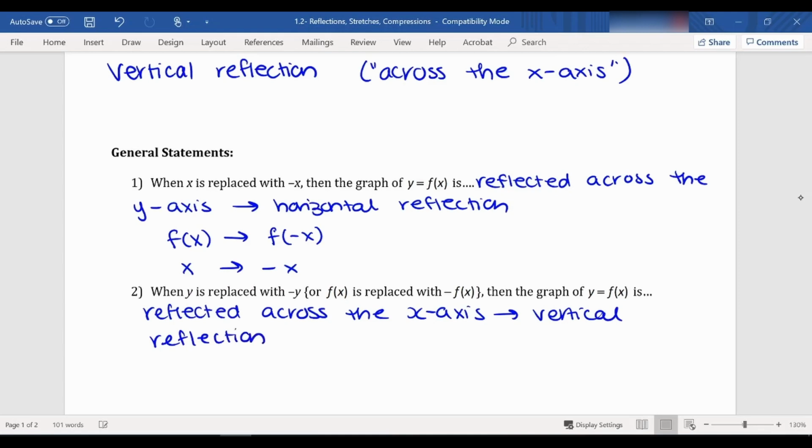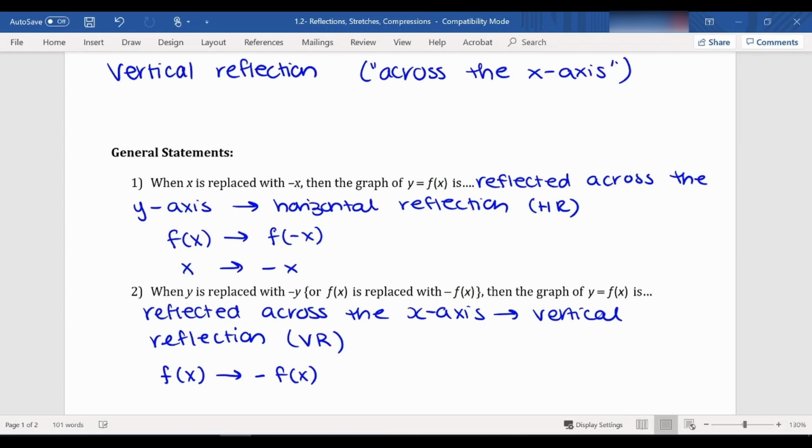Now, similar to how in the previous lesson we said a horizontal translation or a vertical translation could be written as HT or VT, horizontal reflection can be HR, vertical reflection can be VR. And the mapping for this one is that f of x maps to negative f of x.